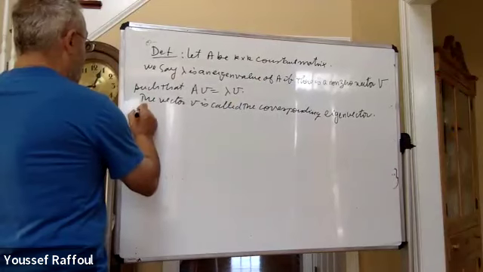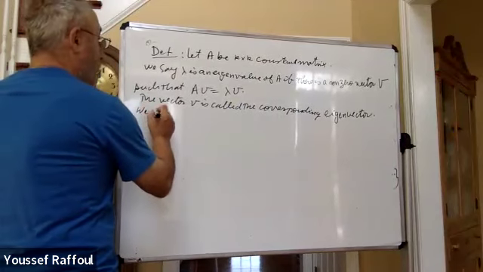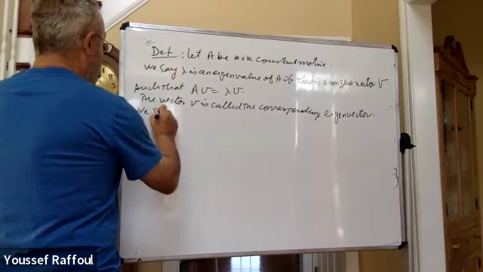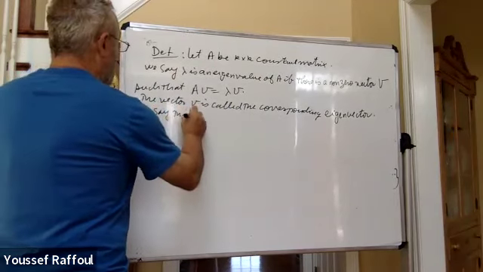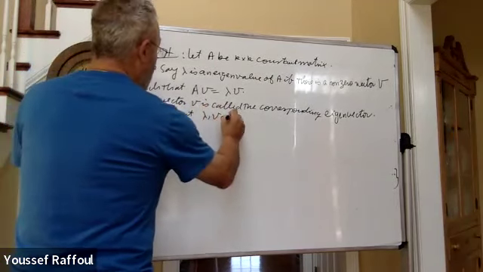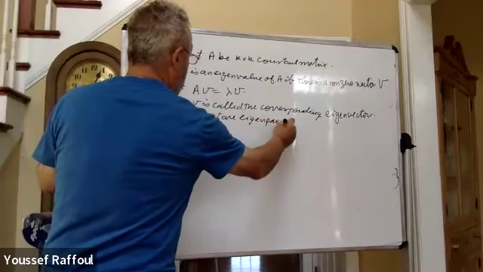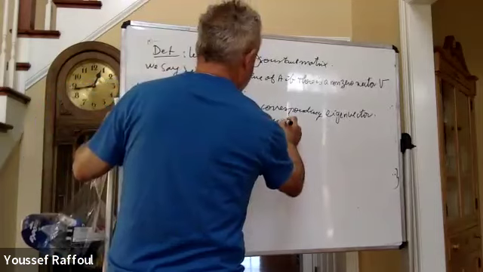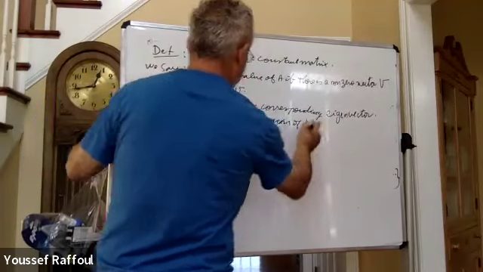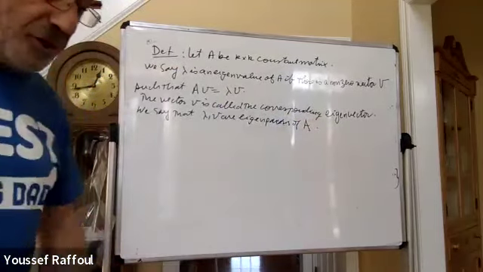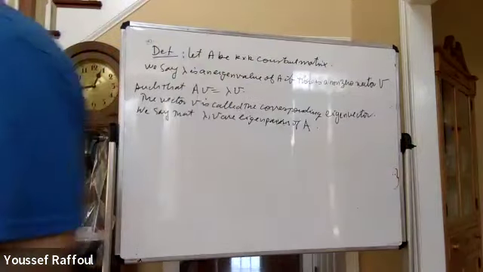Now, we say that lambda and v are eigenpairs of A, instead of mentioning all these details. Okay.